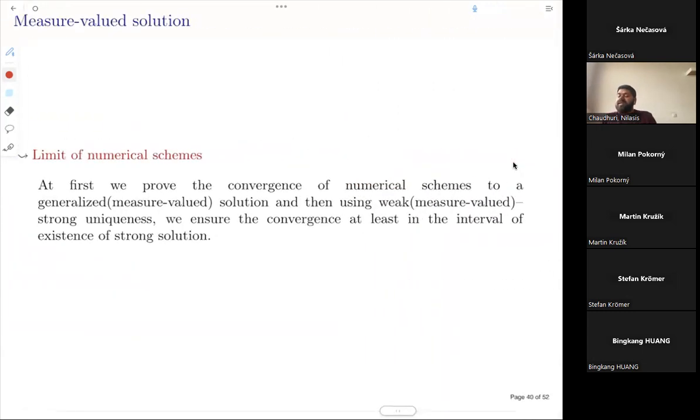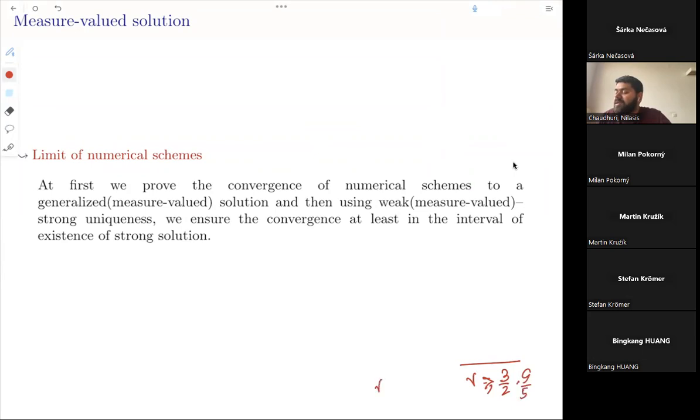Okay, next I just quickly want to say something about the measure valued solution. If one is familiar with the numerical schemes for the compressible Navier-Stokes system, even not for Navier-Stokes-Fourier, then one knows that for any numerical scheme to converge to the weak solution of the compressible Navier-Stokes, it requires a lot of effort, and most of the schemes are not compatible with the adiabatic exponent like 3/2 or 9/5.